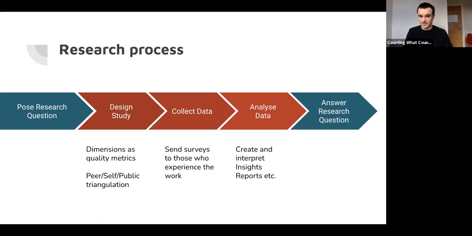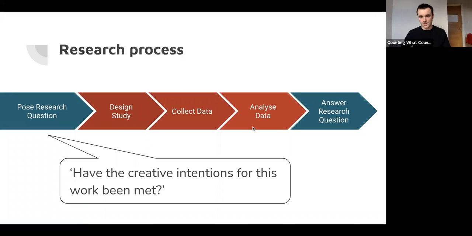And that's how we analyze the data. And we talk about that a lot. But I think we maybe don't stress enough the research question that this has been designed to answer. And the research question for this process in the toolkit is, have the creative intentions for this work been met? And those parts in the middle are designed around answering that research question.